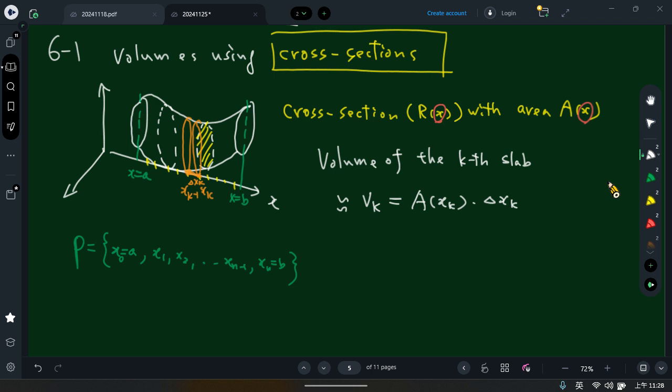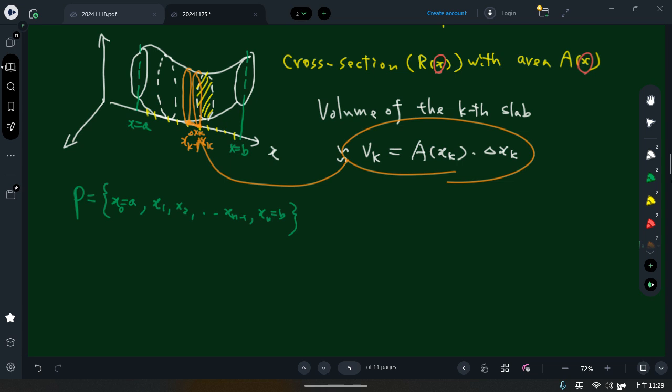So each size will be the area of the cross section, I mean the toast, times its thickness.